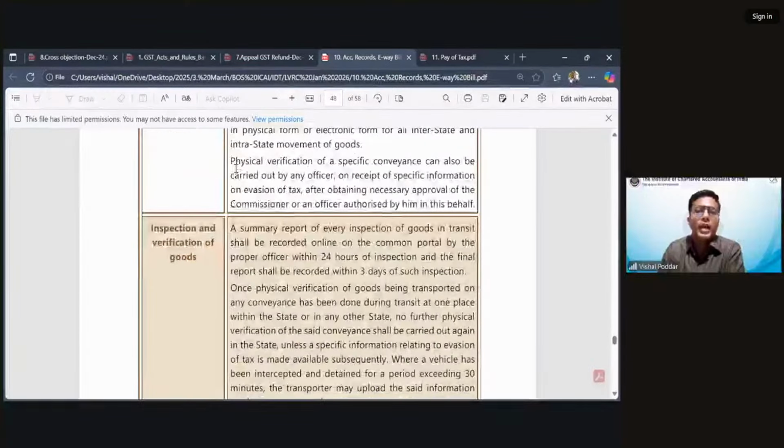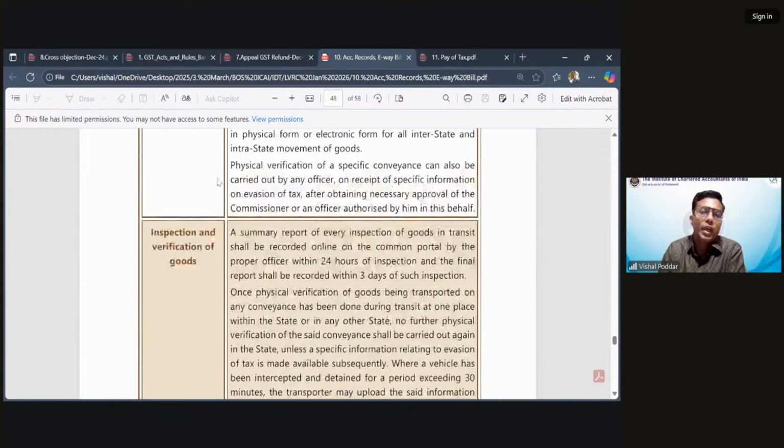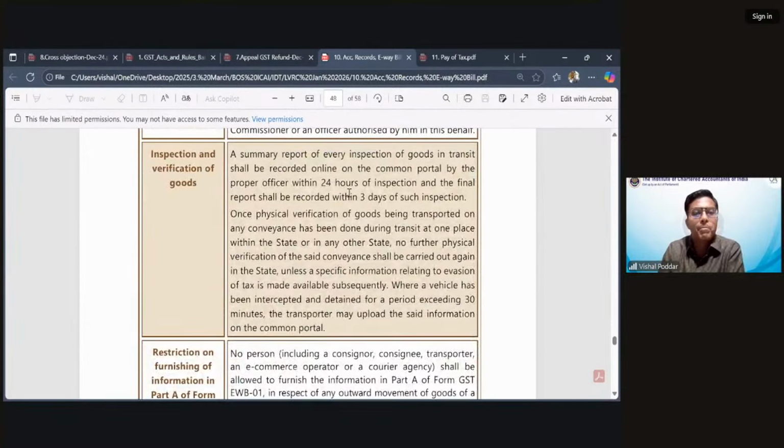So he can carry out physical verification of specific conveyance, and if he is receiving any specific information that there is some possibility of tax evasion, he can intercept the vehicle and ask them to allow him checking.